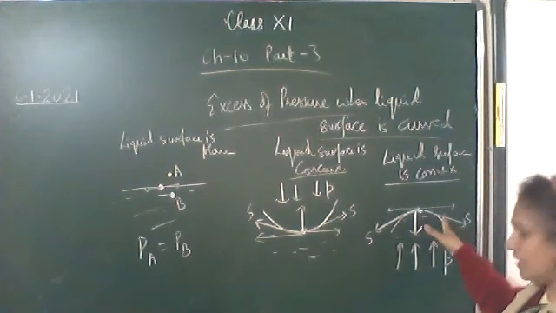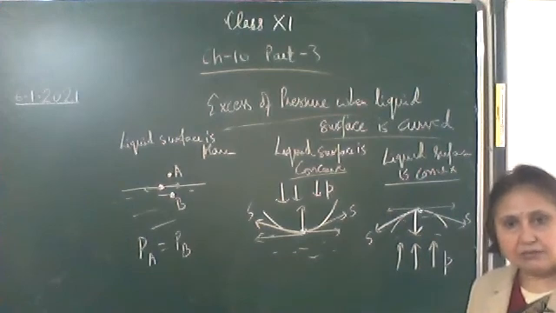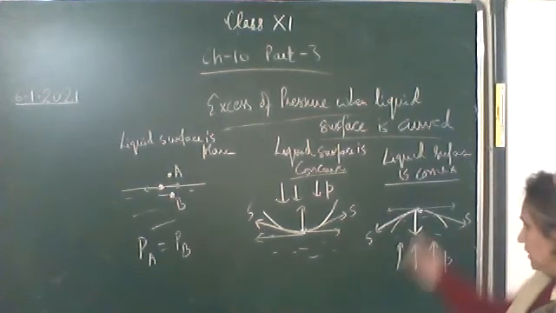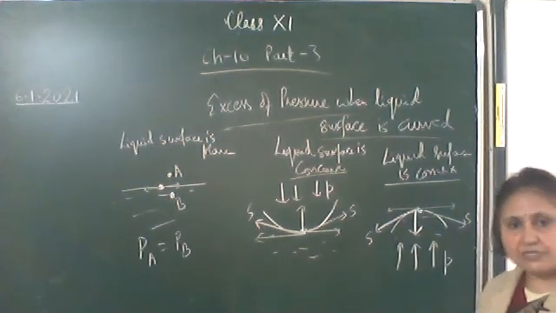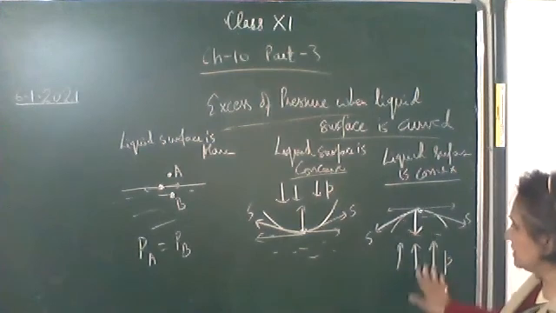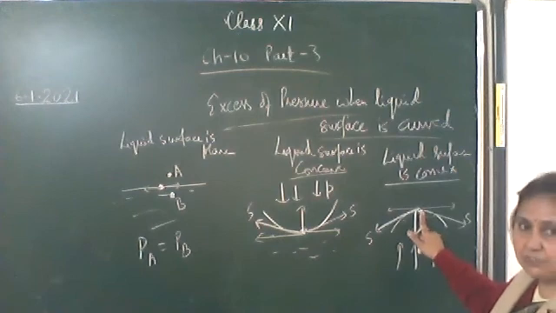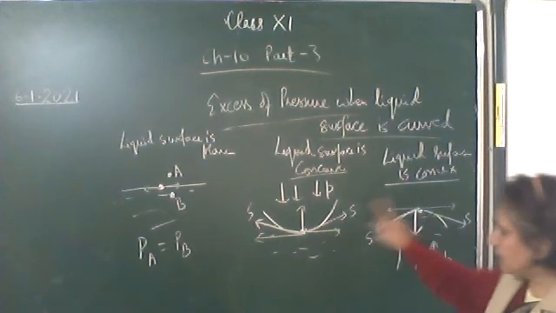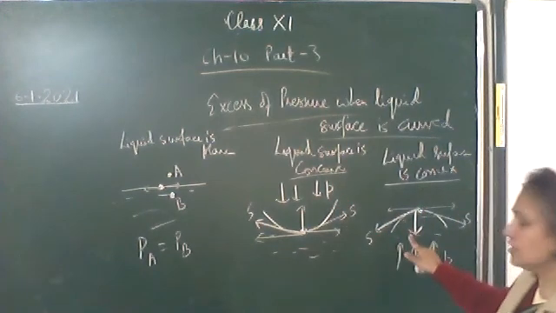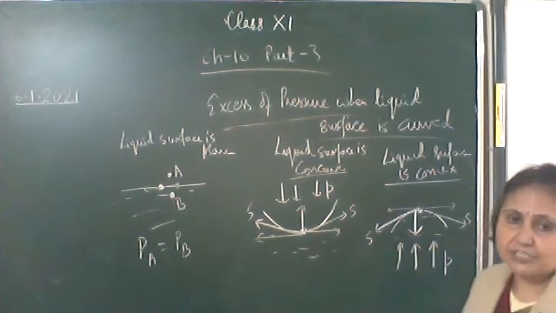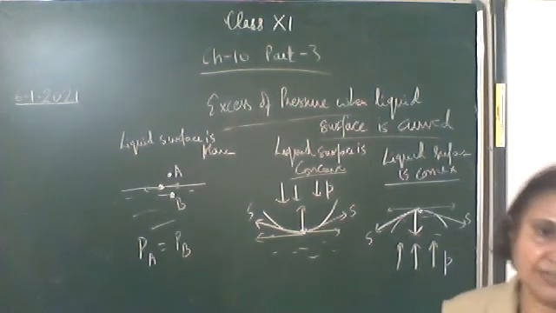So that is why it remains stable. It doesn't come down. Looking from this side, again this shape is concave. So whenever the liquid surface is curved, the excess of pressure acts towards the concave side.